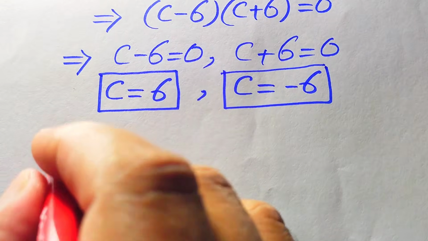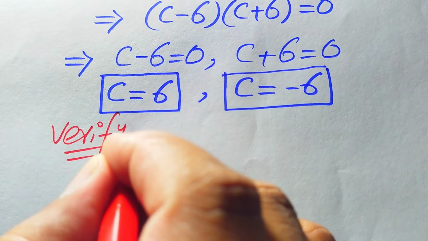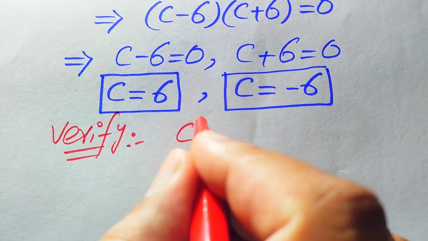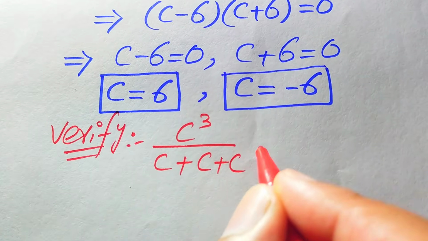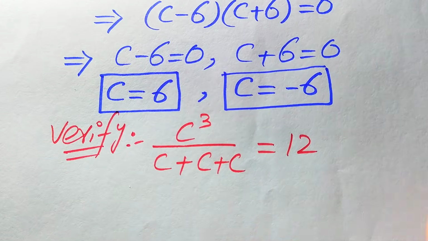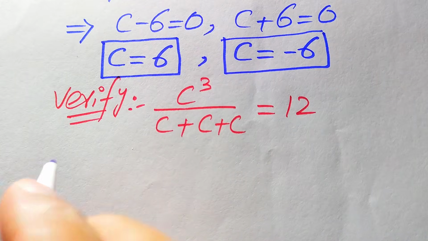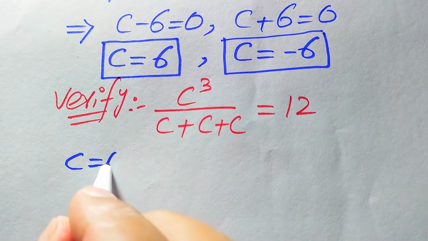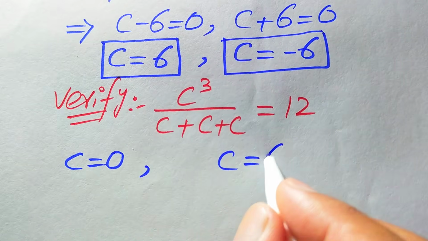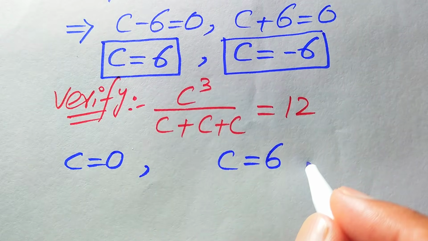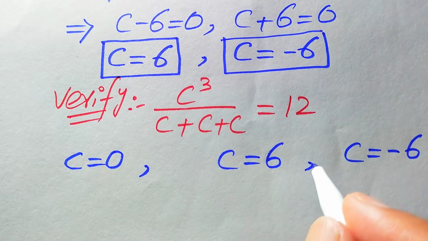So for verification of these values we need to copy down the given question statement here, and the given question statement is c cubed divided by c plus c plus c is equal to 12. So this is our given question statement, and here in this side we verify c is equal to 0, and in this side we verify c is equal to plus 6, and here in this side we verify c is equal to minus 6.